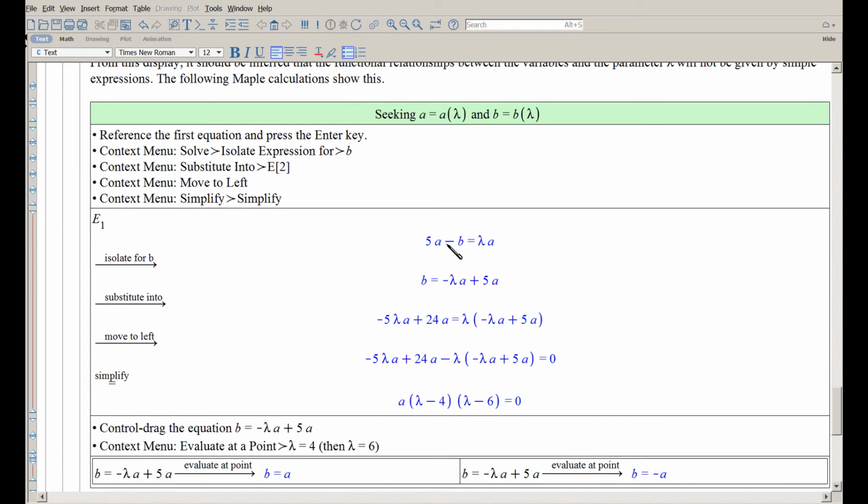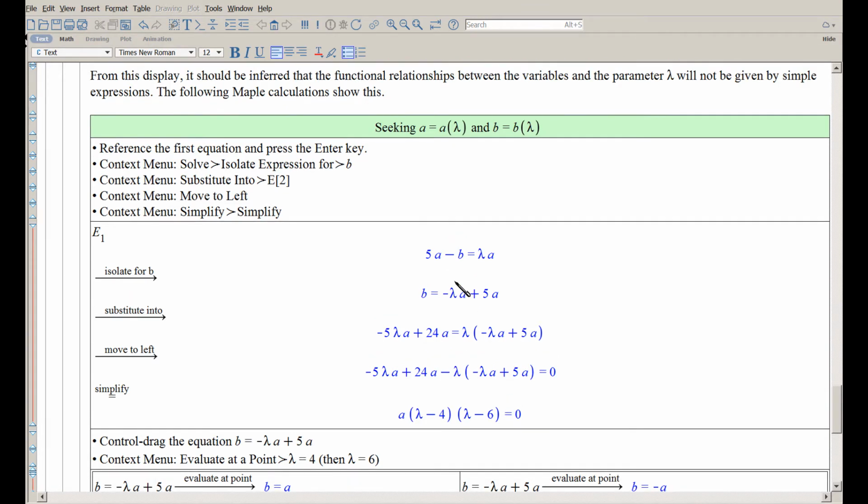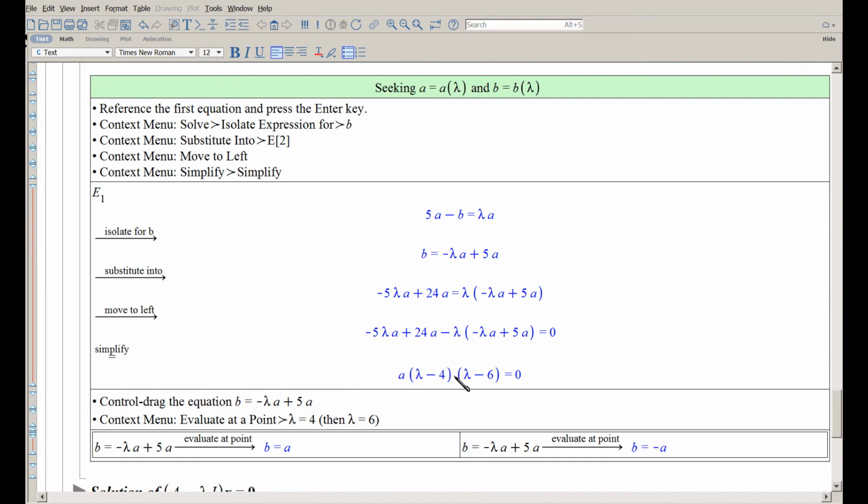So the first equation of the two in that list E is this. And if we isolate B, we have this. And if we substitute this into the second equation, we get this. If you bring everything to the left-hand side and simplify, you have this equation.